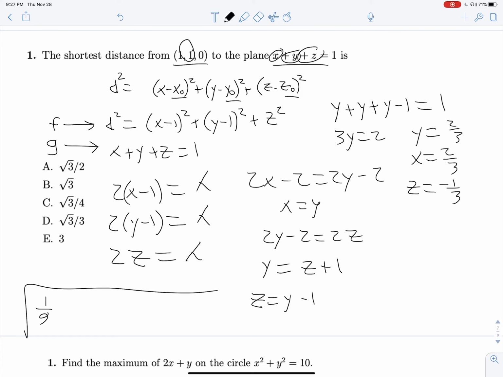For y, we're getting 2/3 minus our y₀, which is 1, which will give us (−1/3)², which is another 1/9. And then for z we have (−1/3)², so that's another 1/9. So overall, we're going to get the square root of 3/9, which is just √3/3.